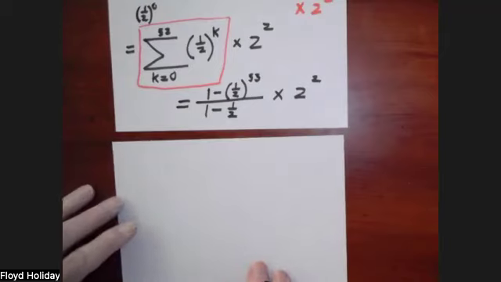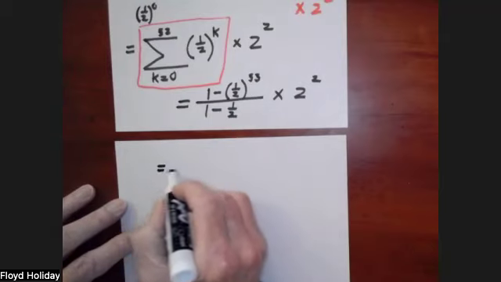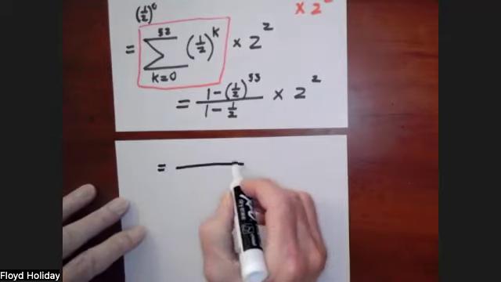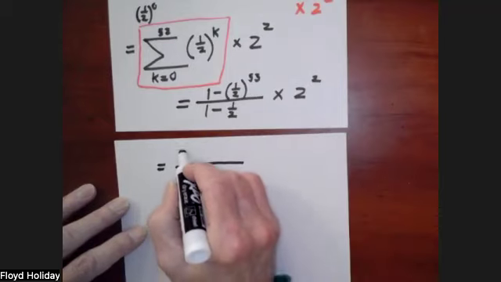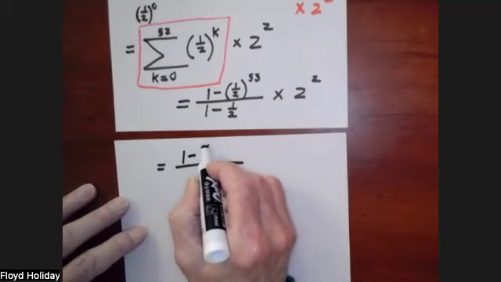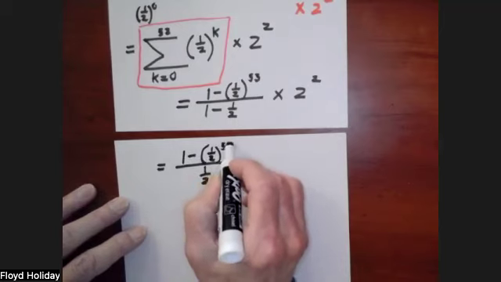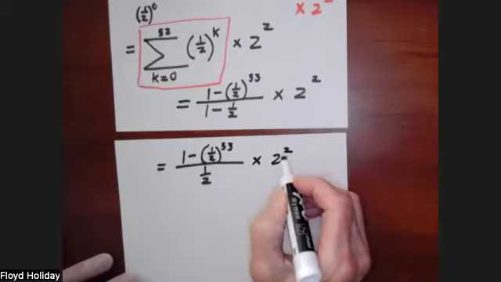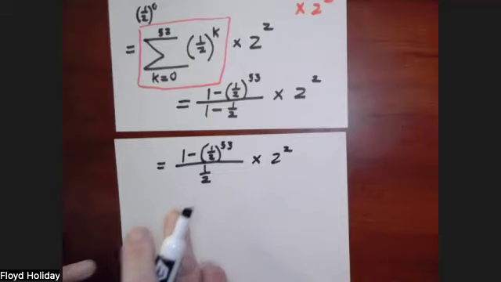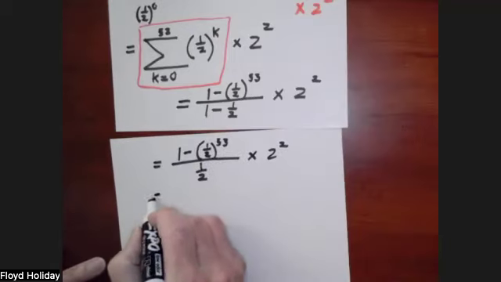Okay. Well, the denominator can be cleaned up a little. The denominator is 1 minus a half, which is just a half. Upstairs, it's somewhat more complex. 1/2 to the 53 times 2. Okay. It's a compound fraction. You take the denominator, turn it upside down, and multiply by it.